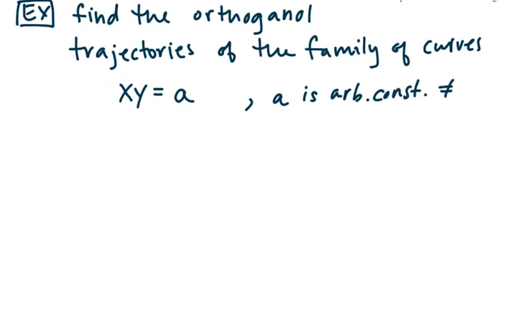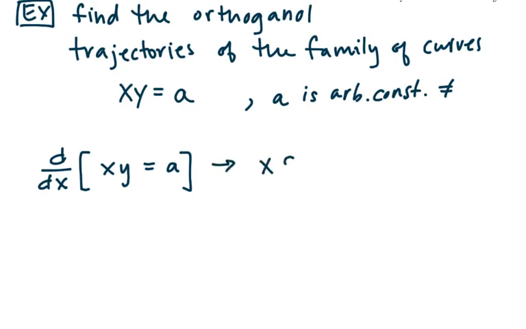So in order for us to do this, our first step will be to differentiate implicitly. So I'm going to take the derivative with respect to x of xy equals a. And doing that, I have to use the product rule on the left.